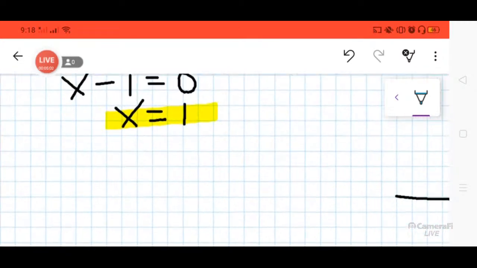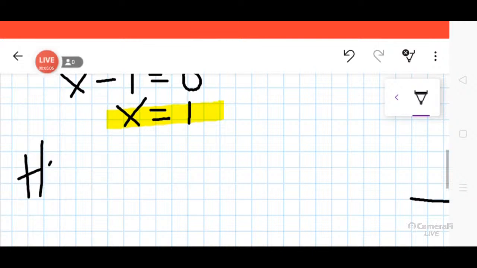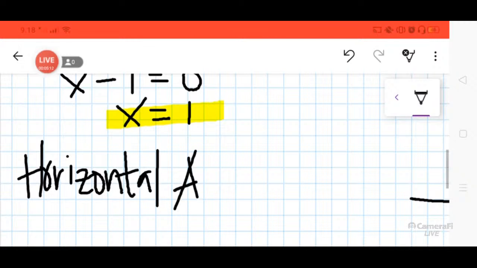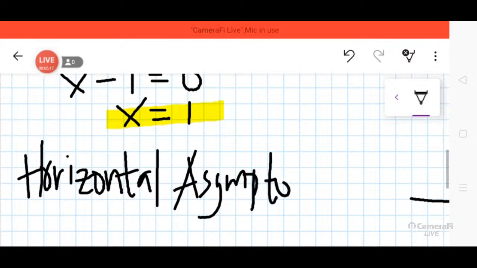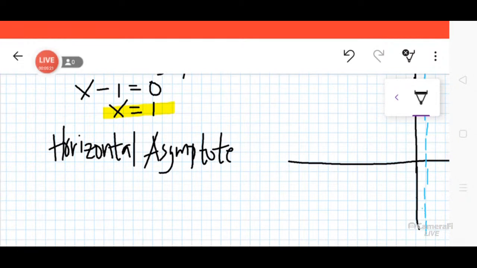Now we have to get the horizontal asymptote. For getting the horizontal asymptote, we have to follow the rules.